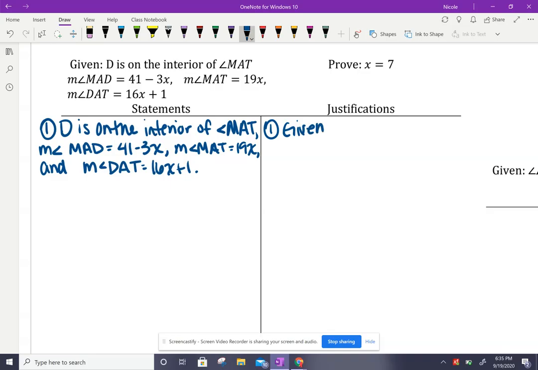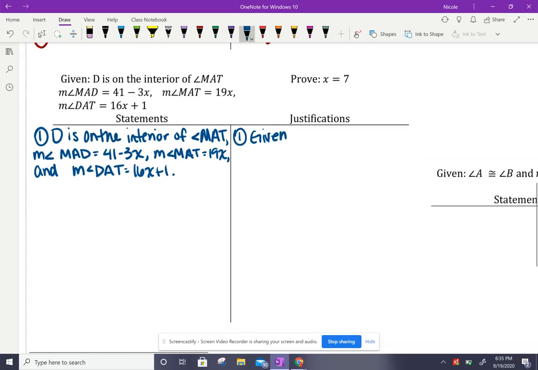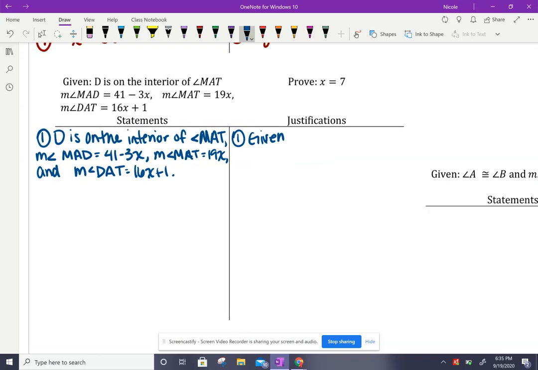And just like with the segment addition postulate question, I'm going to draw a picture to make sure I understand where everything goes. There's lots of X's and numbers and angle information here. So I have my angle. So I have M, A, and T, and then point D is somewhere in the interior. So we're going to put them right here.